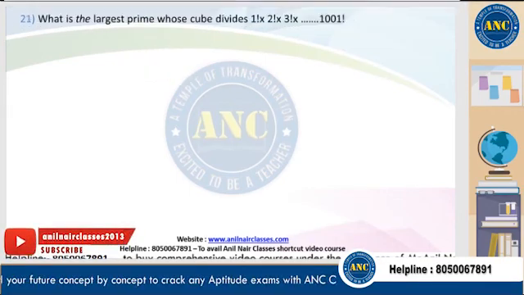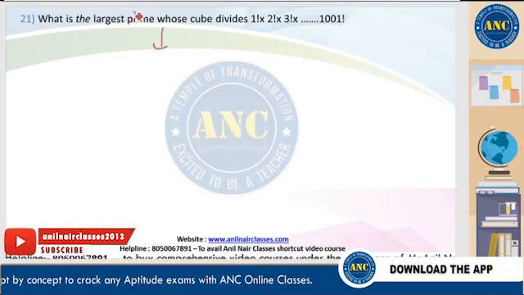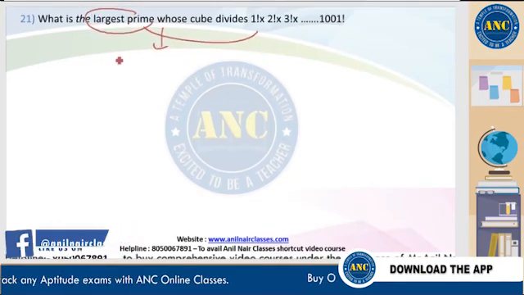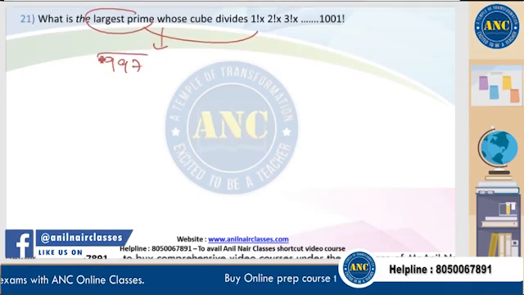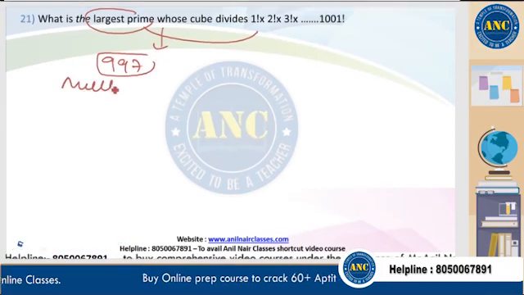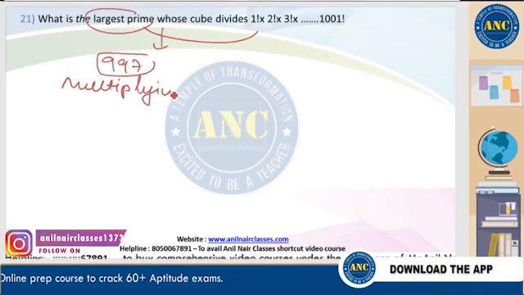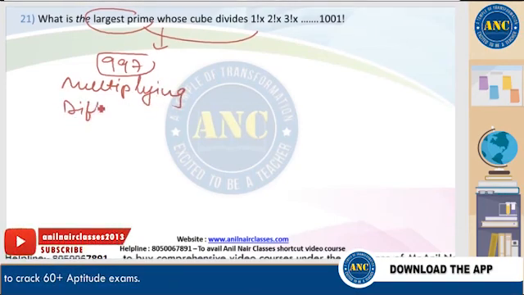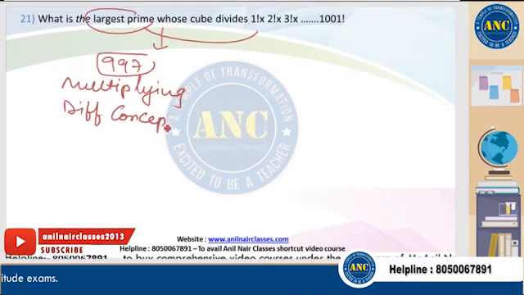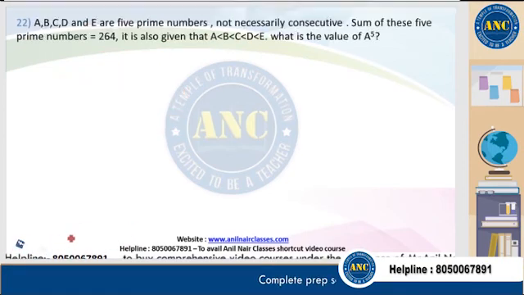12 concepts. Again, how to find out the largest prime whose cube divides. We got the answer 997. Multiplication of multiple concepts, multiplying different concepts. Very beautiful question. 12 concepts are covered now.